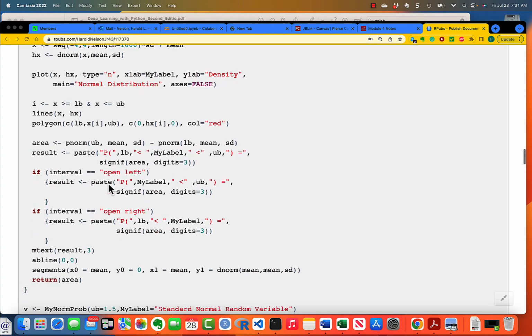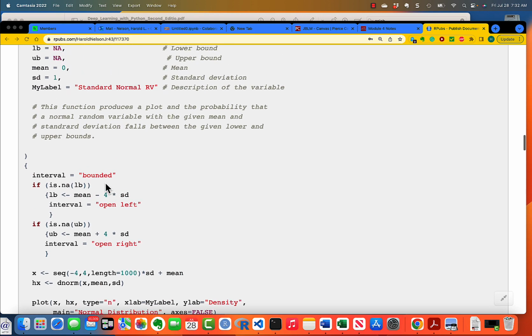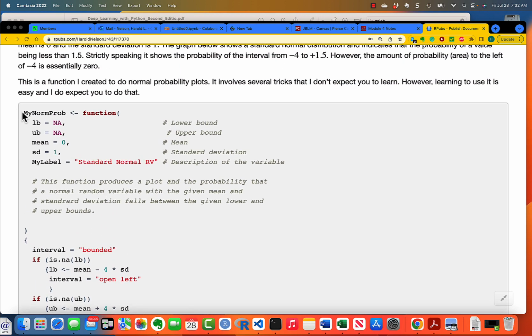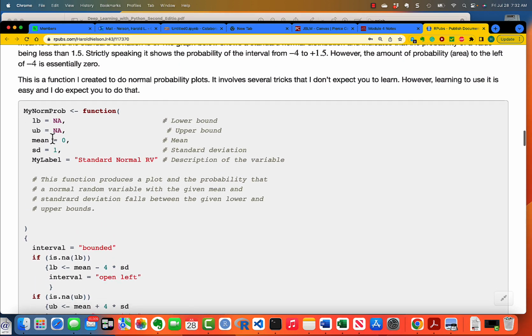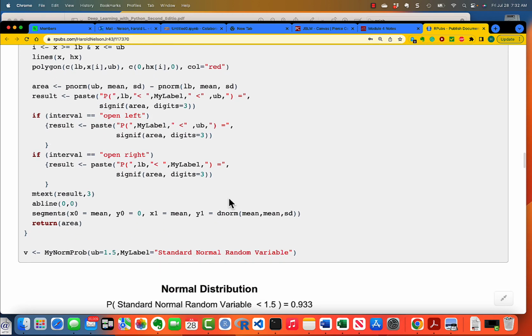And here's the code, and if you want to play with this thing, you have to copy the whole thing starting from here at mynormprob and ending down here. The very last line in this block is a test run with an upper bound of 1.5.